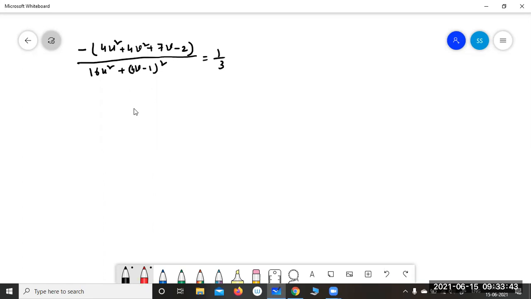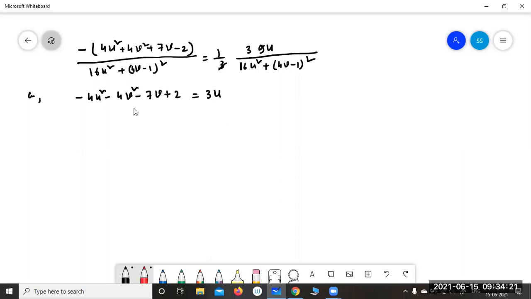This is 1/3 x, where x means 9u divided by 16u square plus 4v minus 1 whole square. So the denominator should be cut from here, both are the same denominator. So from here 1/3 will be coming as 3. So the denominator is cut, and from here we get minus 4u square minus 4v square minus 7v plus 2 is equal to 3u.